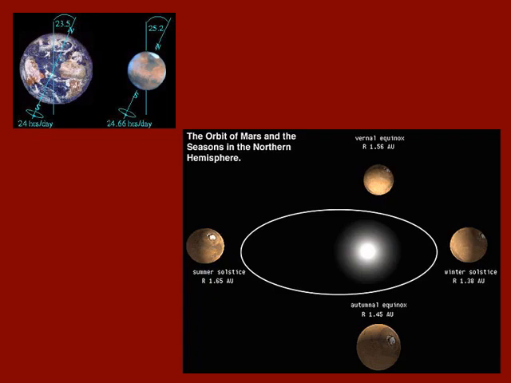So in the southern hemisphere, the winters are super cold and the summers are extra warm, whereas the winters are milder in the northern hemisphere and the summers are milder too. So this is one planet in which the seasons are determined mostly by the tilt, but they're also affected by the orbital distance.